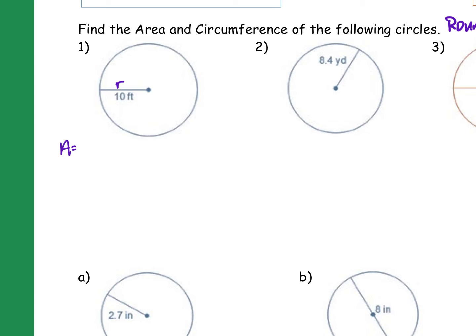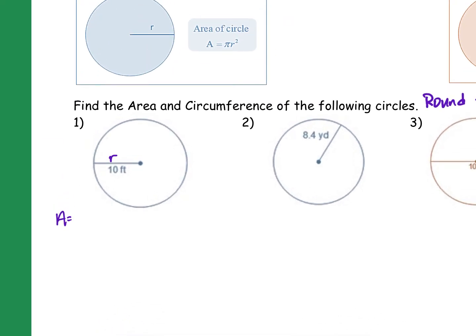Okay, so I know area is, what does it say area is? Pi r squared. So r is 10. So I'm going to take 10 squared times pi, and I'm going to go do 10 squared times pi in my calculator.